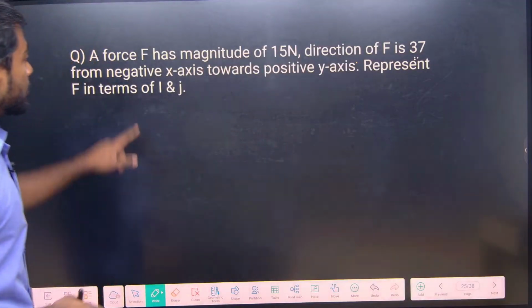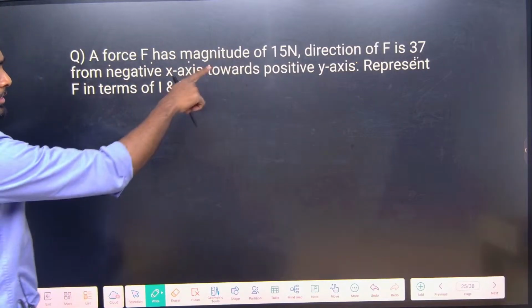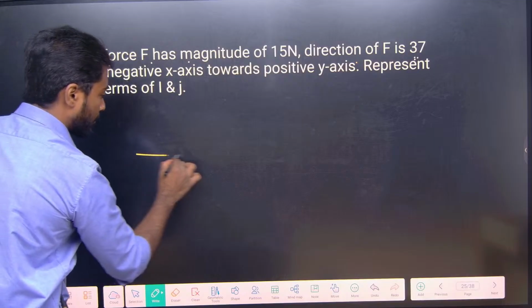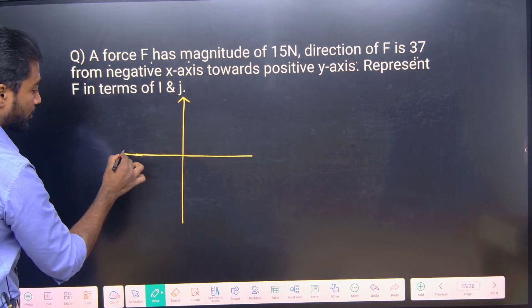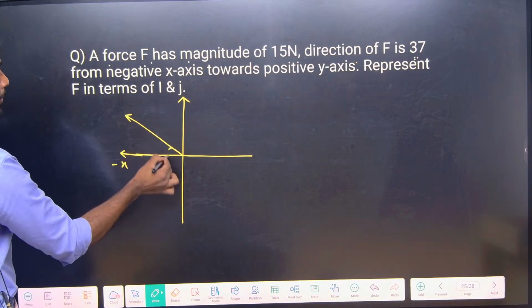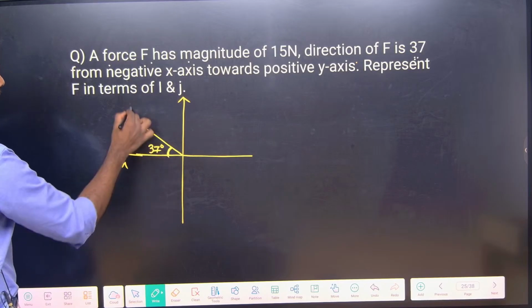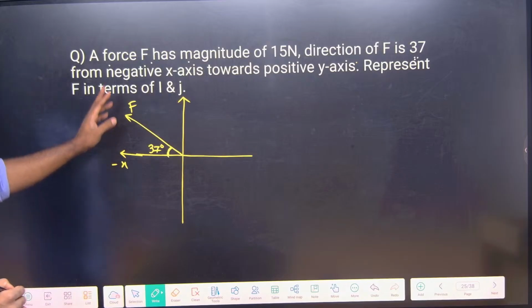First thing, force F has a magnitude of 15 Newton. The direction of F is 37 degree from the negative x axis. So negative x axis means I need to draw 37 degree from the minus x axis. This is my negative x axis, 37 degree, and this is my F, towards the positive y axis.